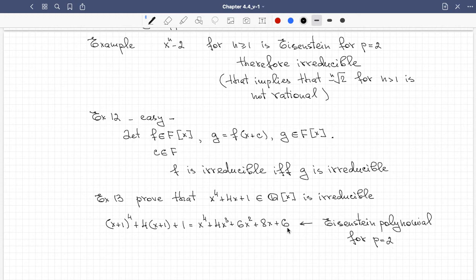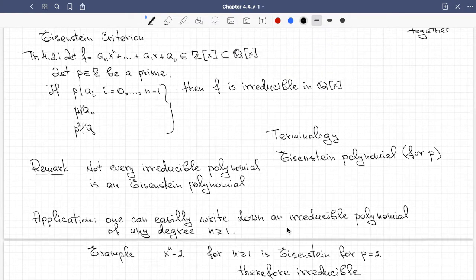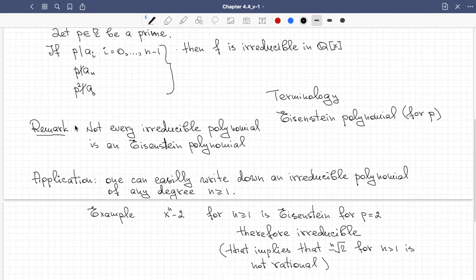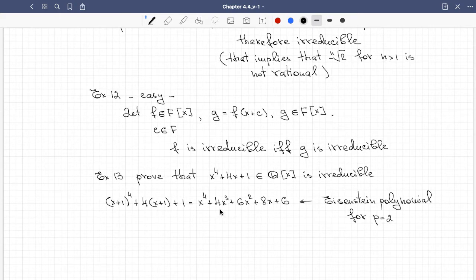So all coefficients are divisible by the prime, except the leading term, and the constant term is not divisible by the square of the prime. So indeed, all coefficients except the leading coefficient are divisible by 2, and the constant term 6 is not divisible by the square of 2, which is 4. This is an Eisenstein polynomial for p equals 2, therefore irreducible.